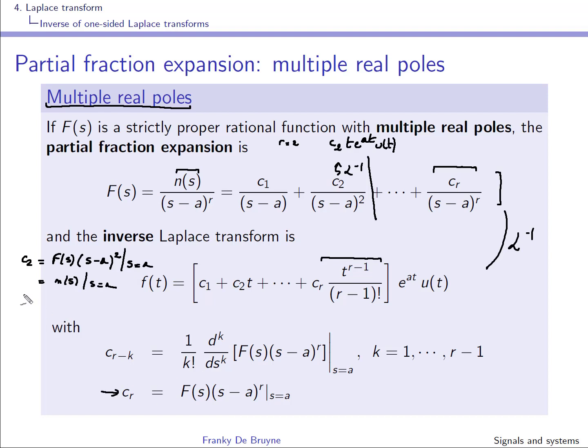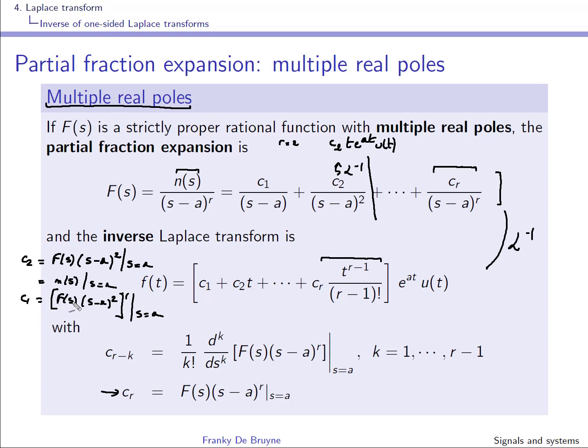And now C1: here you have to take F(s) multiplied by (s minus a) squared, take the first derivative with respect to s, and then evaluate it at s equals a. So this is one method, and it's rather quick.